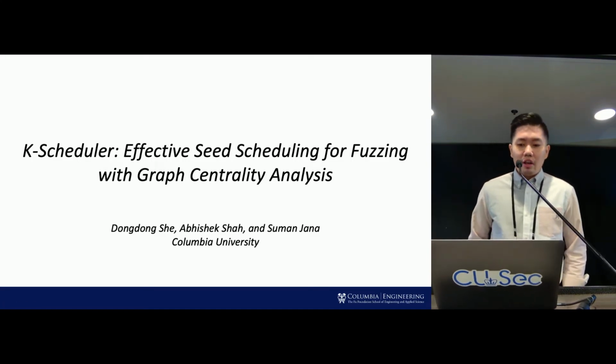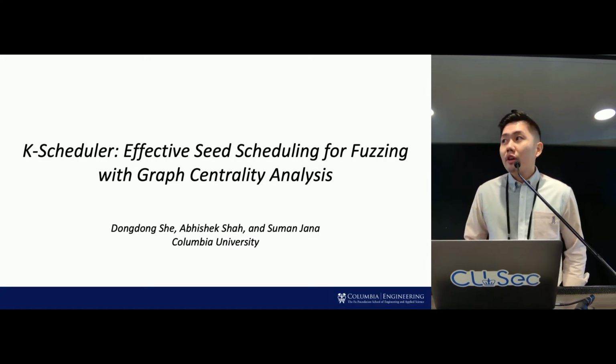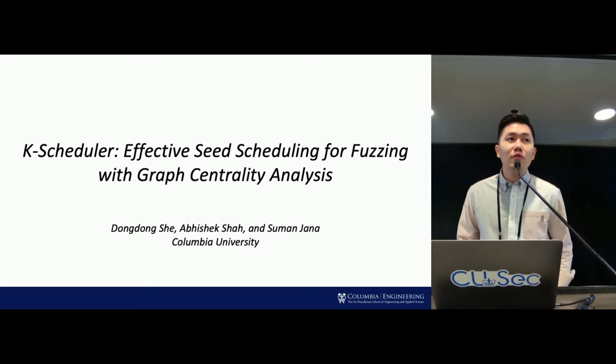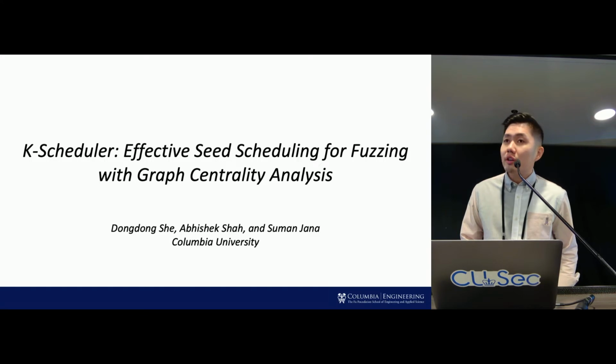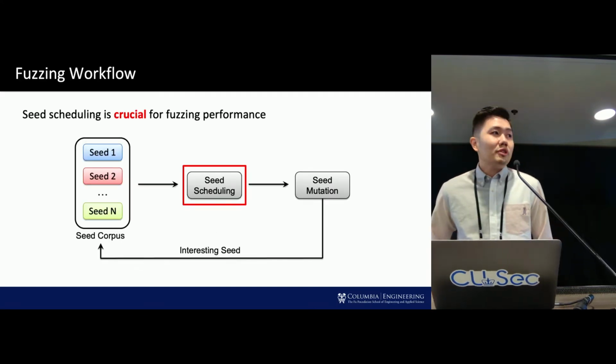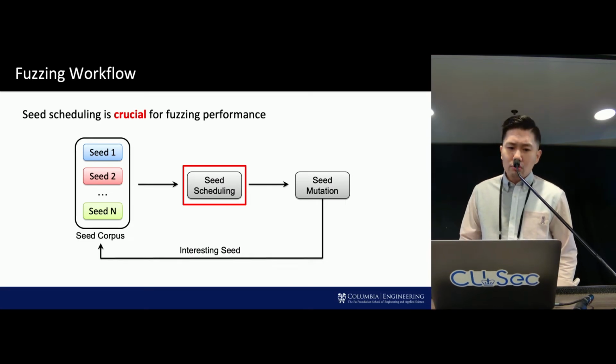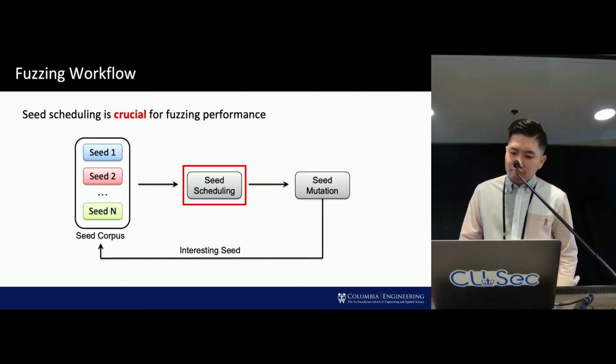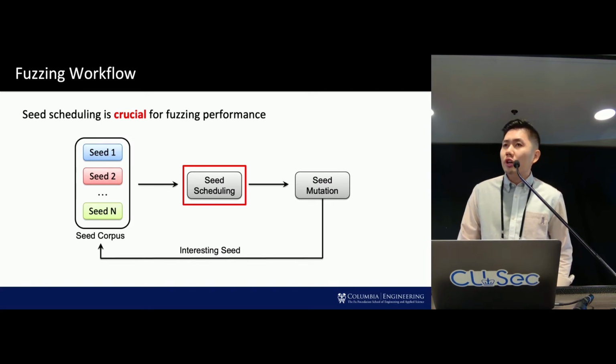Today, I'm going to present CASE Scheduler, a generic and effective seed scheduler for fuzzing with graph centrality analysis. Fuzzing is a popular technique to find bugs through mutating a set of seeds. Here is a simplified workflow for fuzzing. It starts with a seed corpus consisting of multiple seeds, as shown here.